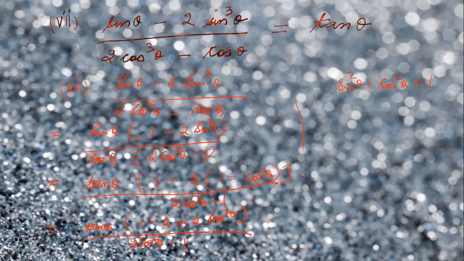Now you can write it like this, tan theta, 1 minus 2 is minus 1 plus 2 cos square theta upon 2 cos square theta minus 1. Now this factor minus 1 plus 2 cos square theta and 2 cos square theta minus 1, these are same, so you can cancel it and it will be tan theta. So this is your right hand side. So in this way you will solve it.